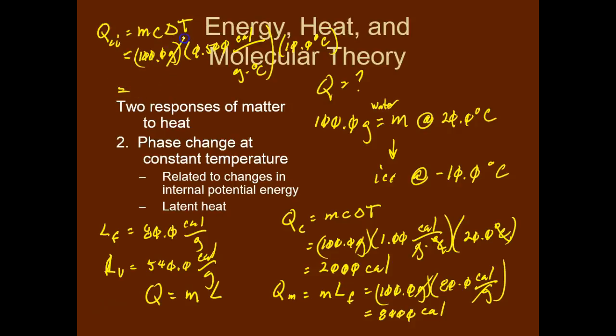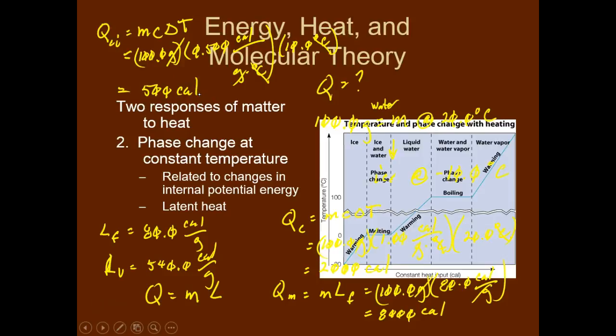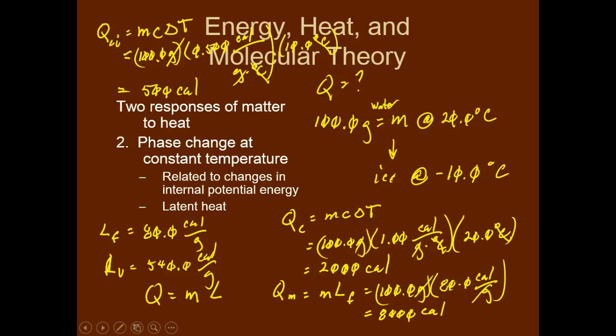The units are grams go out, degrees Celsius goes out, and you're left with 500 calories. Now, what the question was, how much energy does the refrigerator remove from 100 grams of water at 20 degrees Celsius to make ice at negative 10 Celsius?